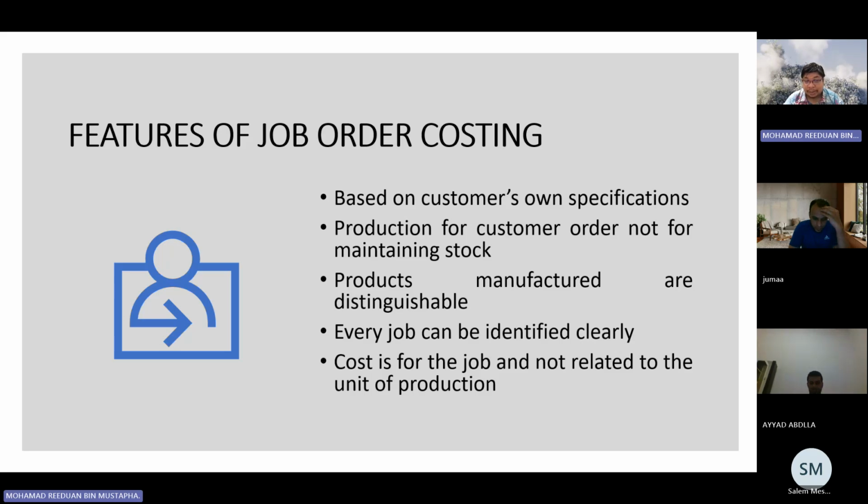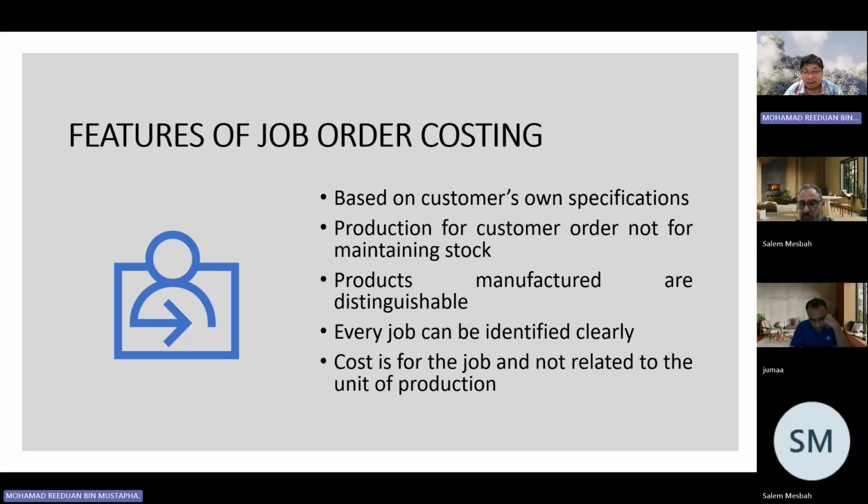If you want to understand job order costing, it is based on the customer's own specifications, production for the customer order, not for maintaining stock, or for products where manufacturers are distinguishable. Every job can be identified clearly. Costs for the job are not related to the unit of production.